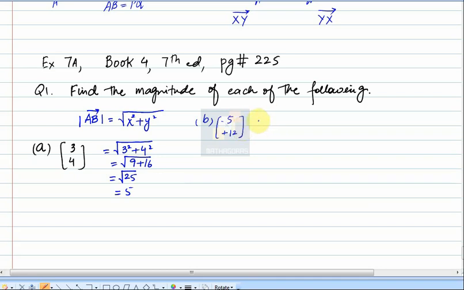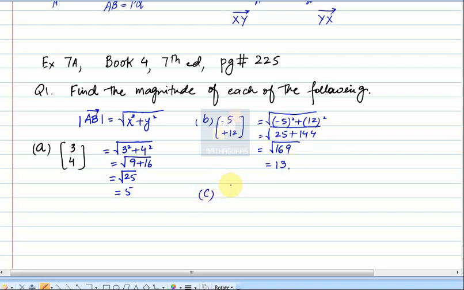I hope that all of you have done it. It will be minus 5 square plus 12 square. So minus 5 square is 25. 12 square is 144. 25 plus 144 is 169, and the root of that is 13, right? So that is the magnitude of the vector in part B.